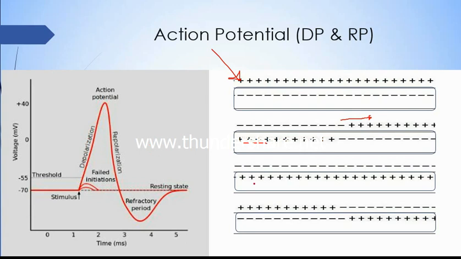It propagates to the other side of the cell, the inner side becomes positive, and then the depolarization occurs. This is the depolarization point. It means that the inside of the cell becomes positive and the outside becomes minus. This condition is called depolarization.